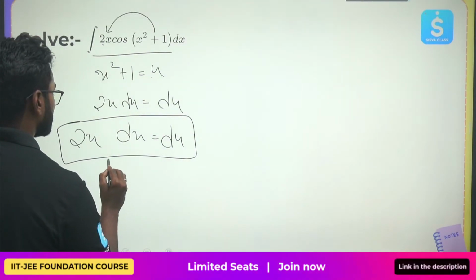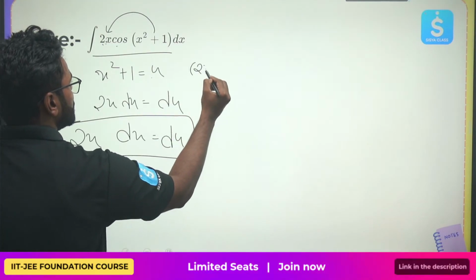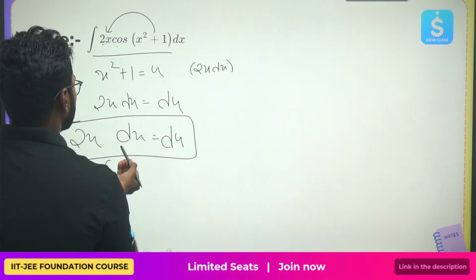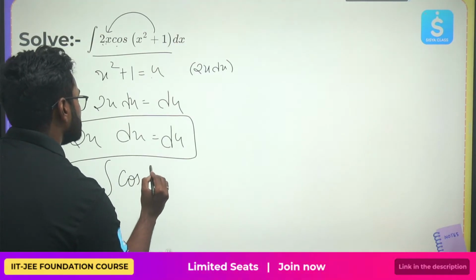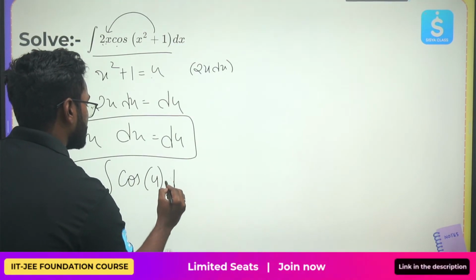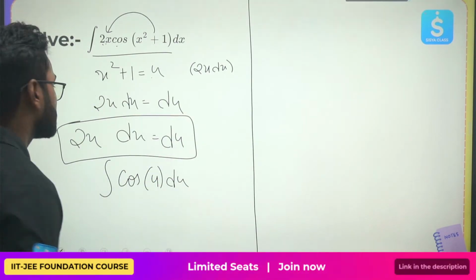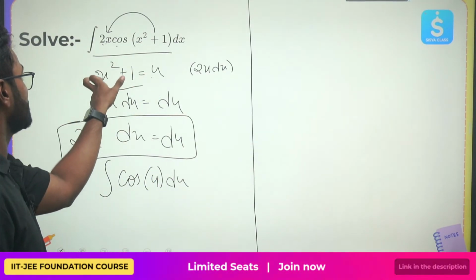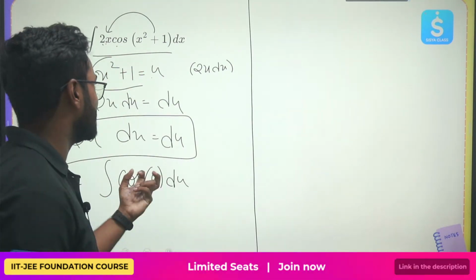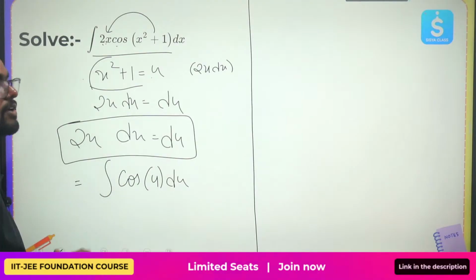That would be integral of cos u du, with 2x dx replaced by du. Got this, guys? We have assumed x square plus 1 to be a variable u. We have differentiated it and then we put that value in the given question.